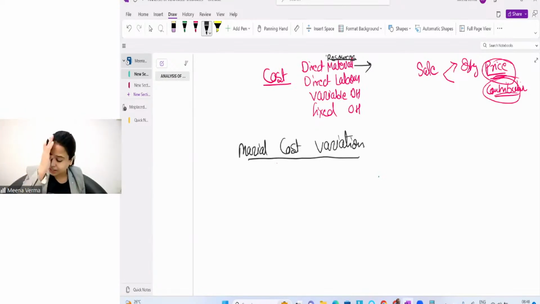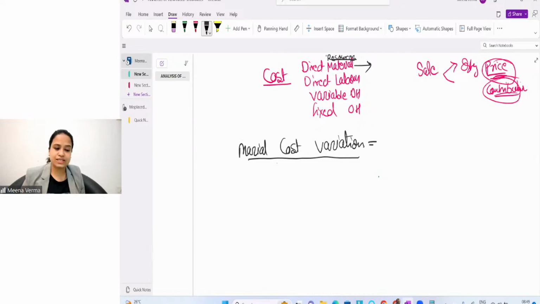You can see we study it in detail, क्योंकि कोई भी final good के अंदर सबसे ज़्यादा cost material की होती है. Like if I have this pen, most of the cost in this pen is because of the material. सबसे ज़्यादा cost either material or labor. Then variable overhead and fixed overhead, but most of the cost is the material cost. For that reason, we need to study this material variation more in detail, right?